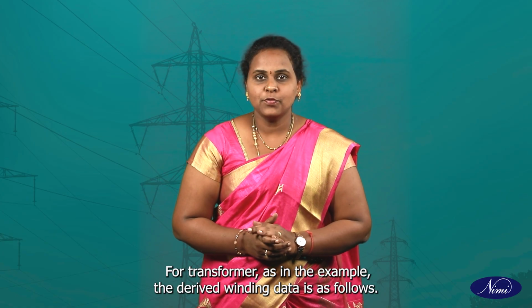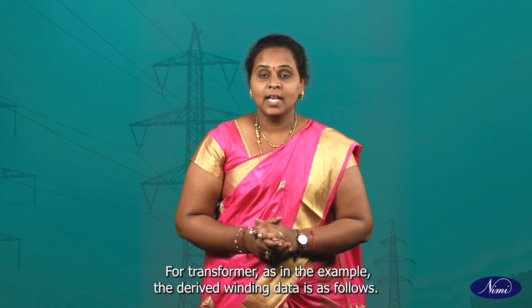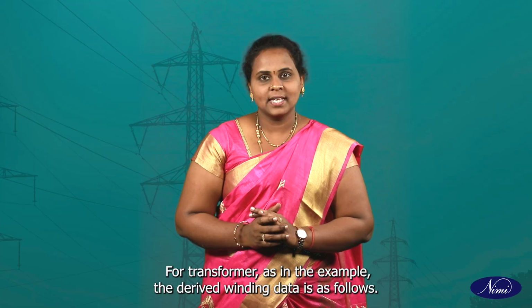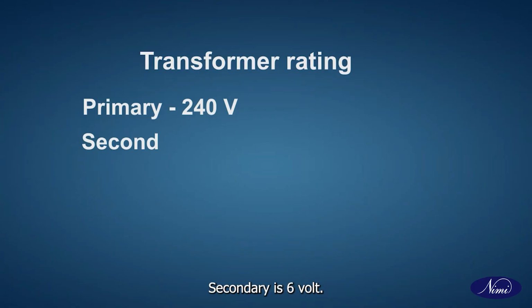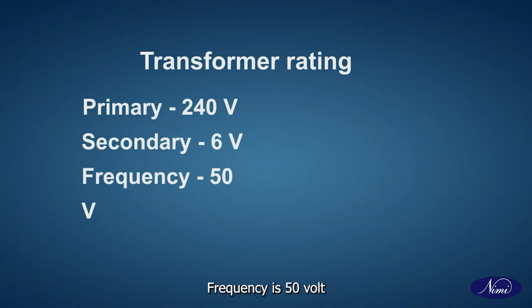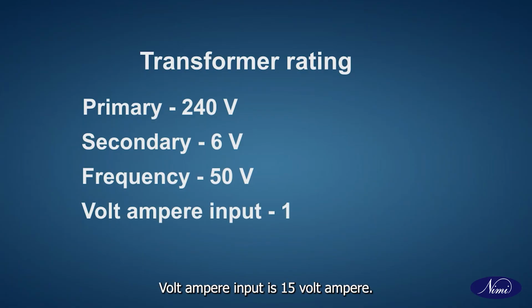Conclusion. For the transformer, as in the example, the derived winding data is as follows. Transformer rating: primary is 240 volt, secondary is 6 volt, frequency is 50 hertz, volt ampere input is 15 volt ampere.